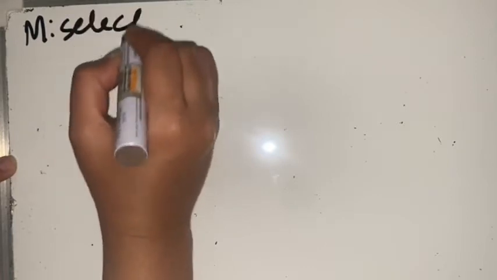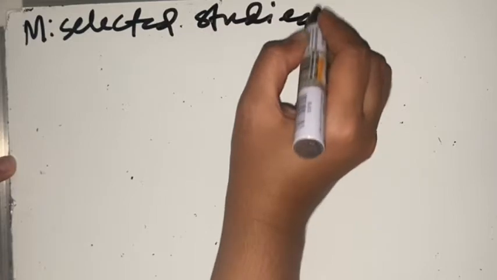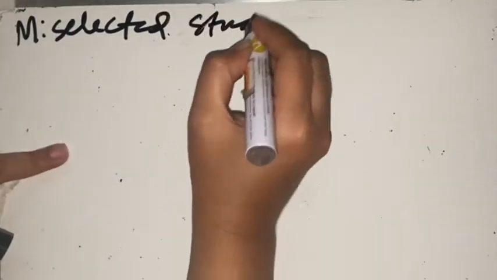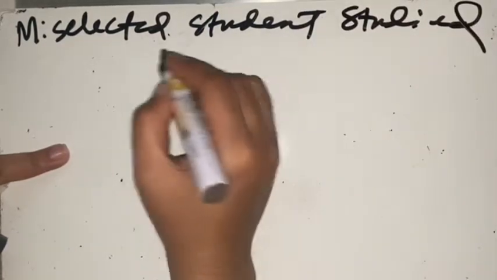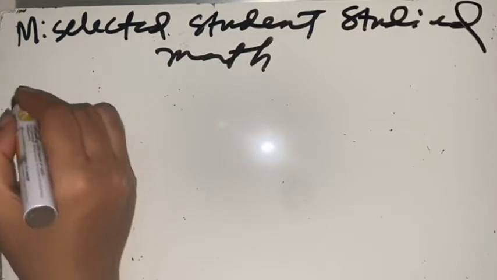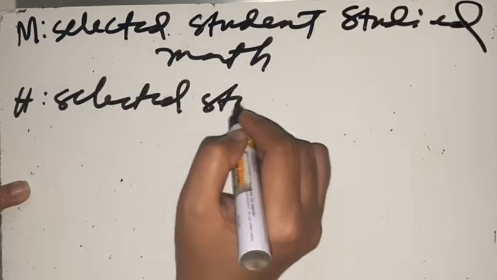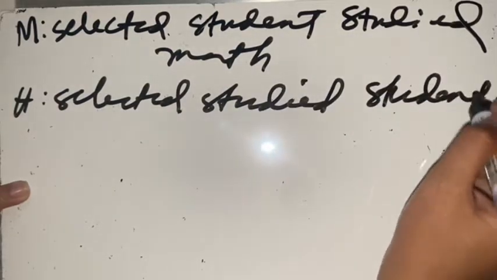M stands for selected students who studied math, and H is selected students who studied history.